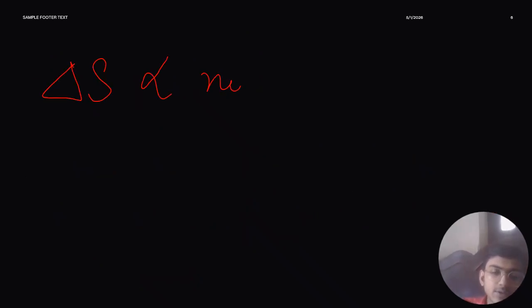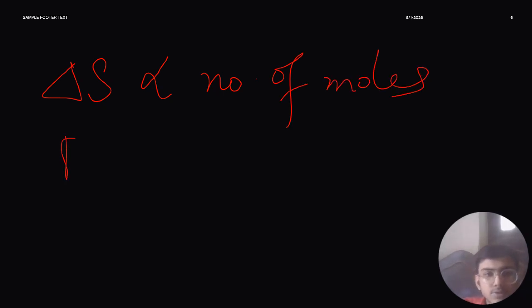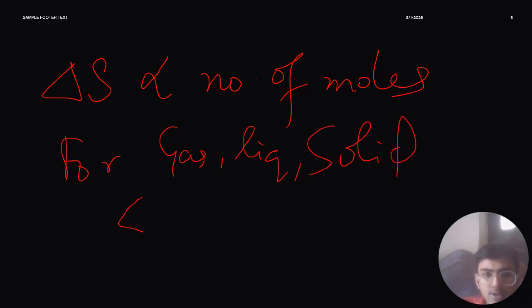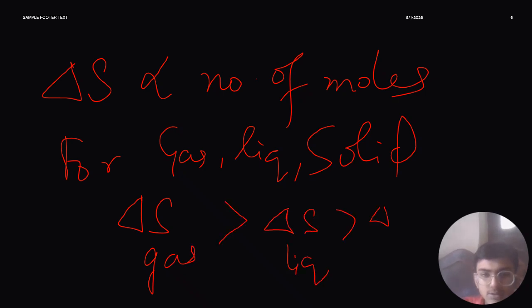increases with an increase in the number of moles. Also for gas, liquid and solid, we see entropy is maximum in the gaseous phase, then in liquid, then in solid.